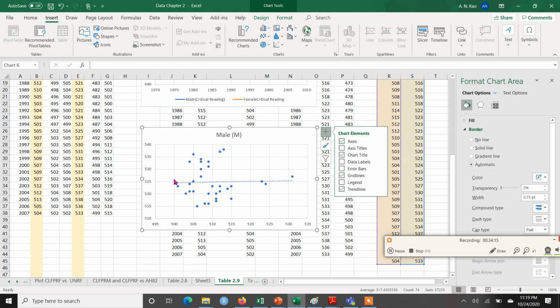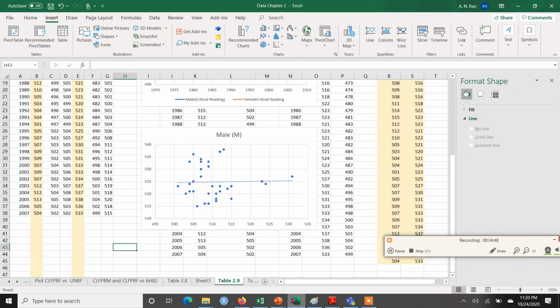So you can see that there doesn't appear to be any strong relationship between the reading score and mathematics score, because the slope of this line is not much determined by the movements in these points. In other words, these are not moving strictly in a linear pattern. So the score in mathematics is not helping me predict much the score in reading, and this is for male. Similarly, you can repeat this activity for females as well.